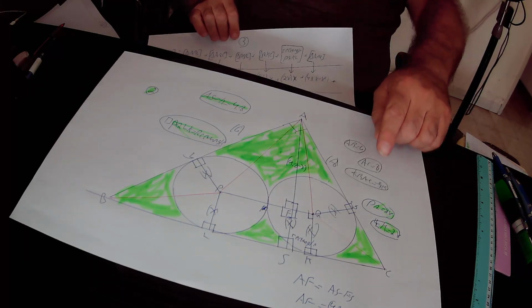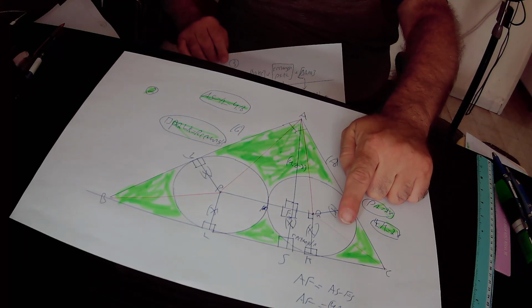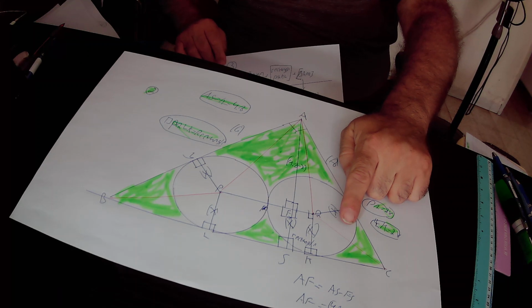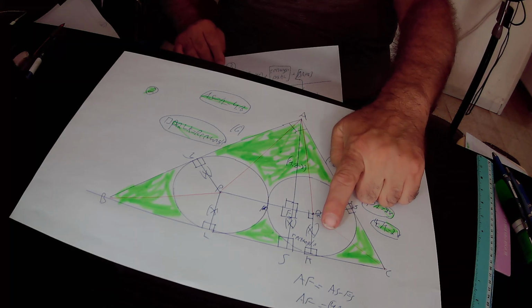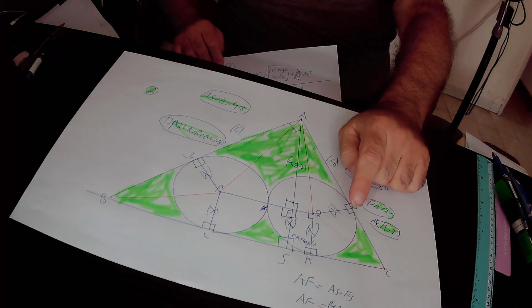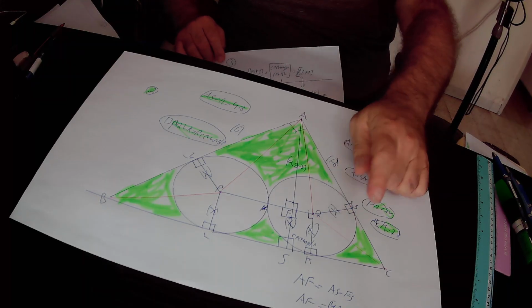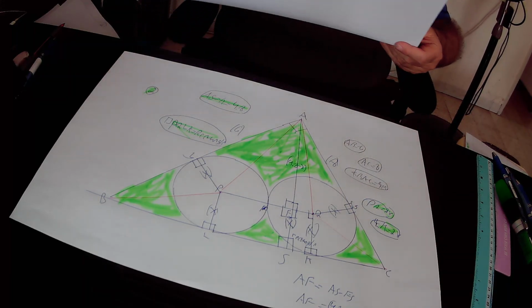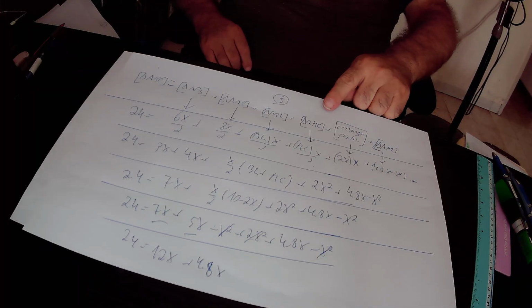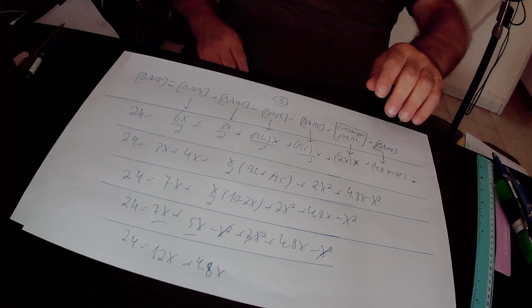Plus they have the fourth shape, the right triangle QKC, that equals the base KC times the height KQ, that is x over 2. So it is KC times x over 2.